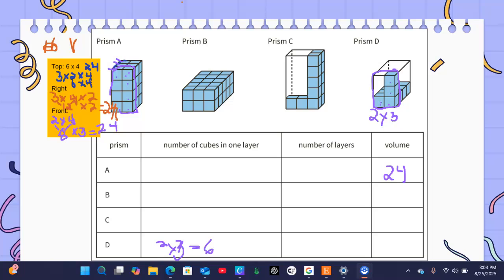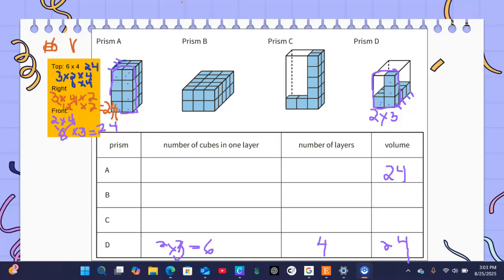Now, how many layers do we see? Well, we have to build this figure of 6 cubes 1, 2, 3, 4 times. And so 6 times 4 equals 24. Okay?